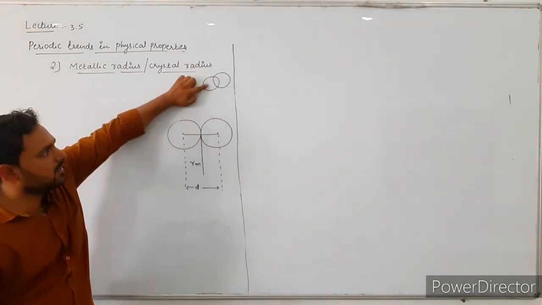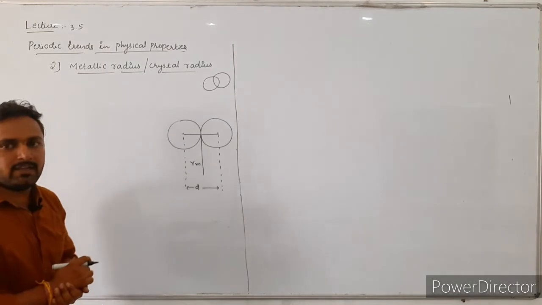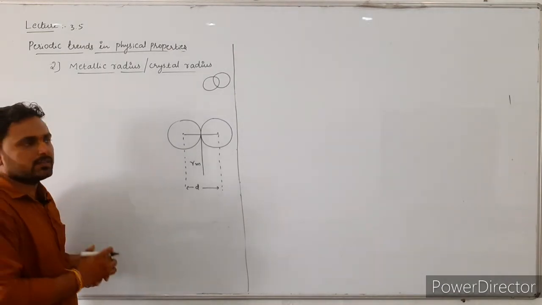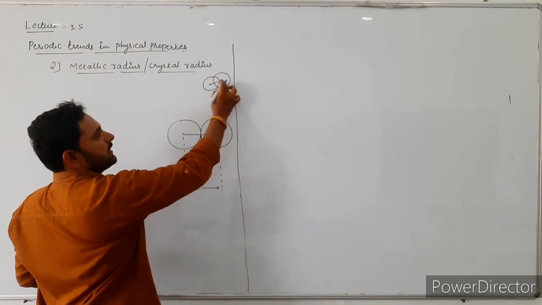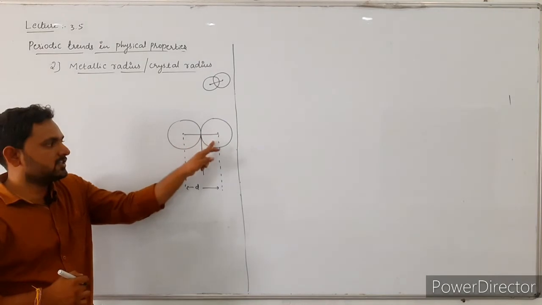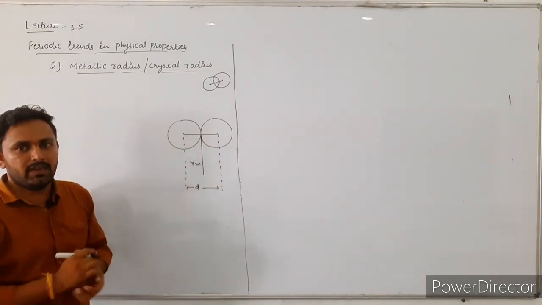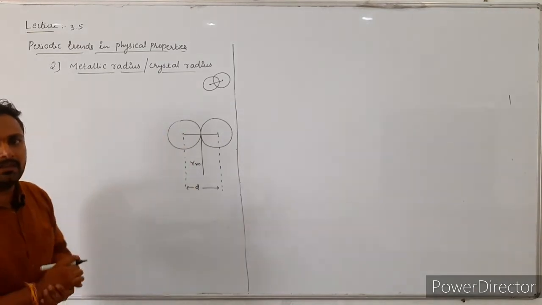Why? Because in covalent bonded atoms, the atoms are overlapped, so the internuclear distance is less compared to metallic bonded atoms. That's why metallic radius is greater than covalent radius.